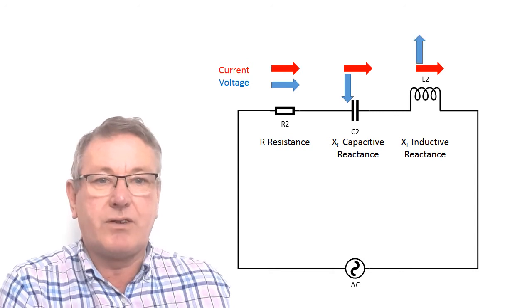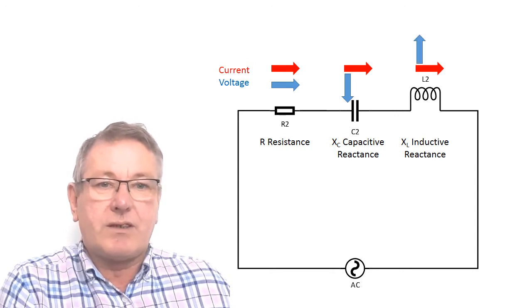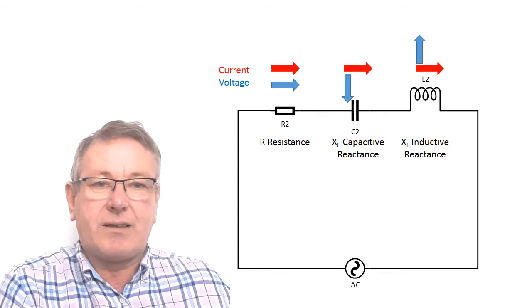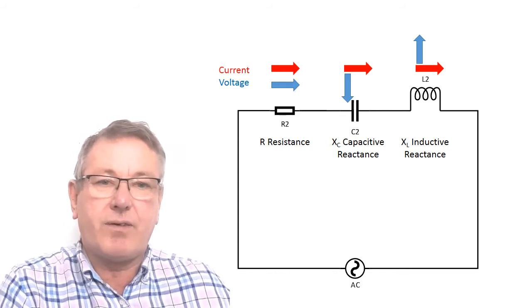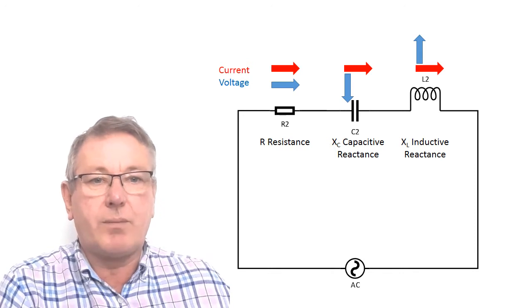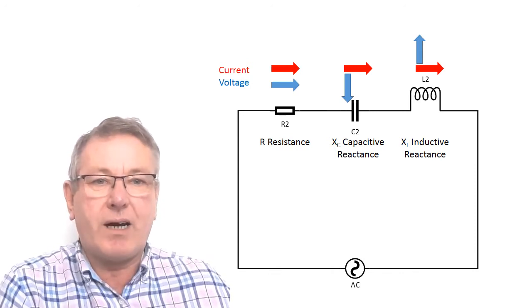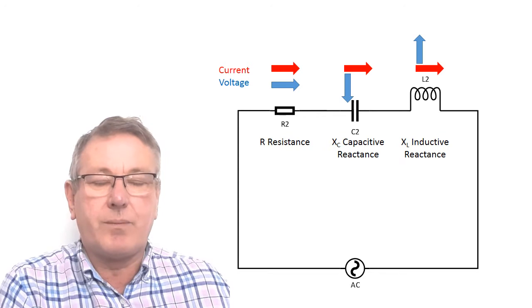So if we put the voltage in there, we can see that we can't just add these values up because they're not in phase. They're all over the place. So we need to have a way of adding these values up.